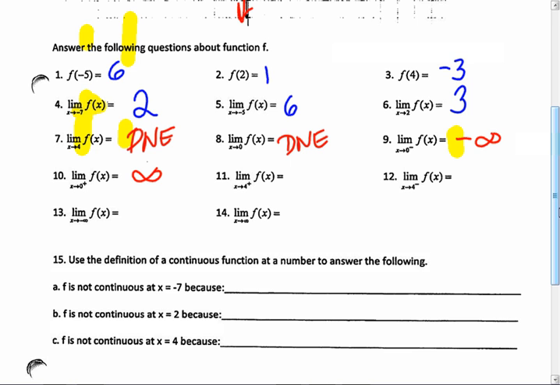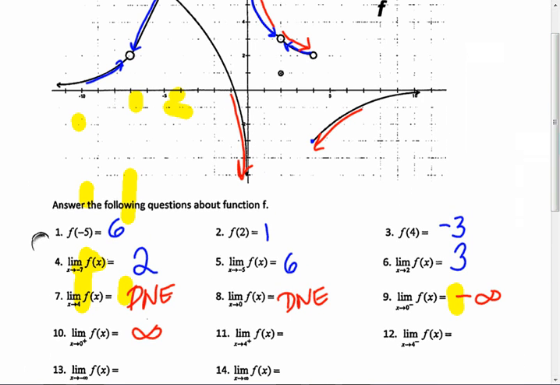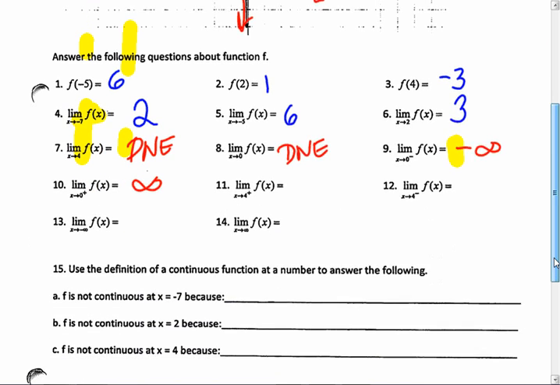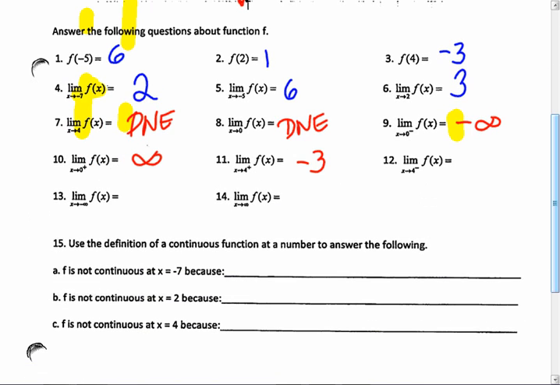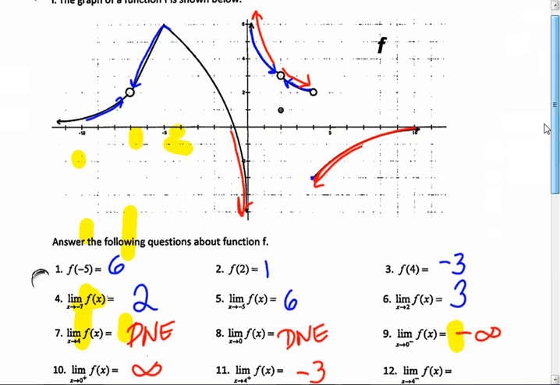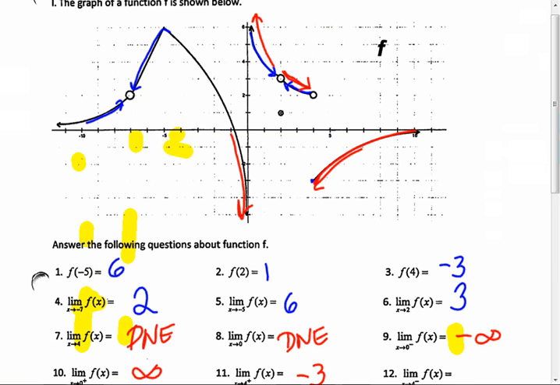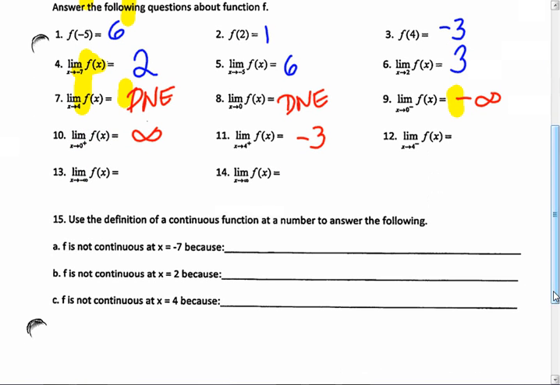What is 4 from the right? I'm going to go to x equals 4 from the right, so I'm going to end up at negative 3. I'm in a different county. 4 from the left, though, is coming down this way, and it's at 2. And because these are not equal, that's why this does not exist.